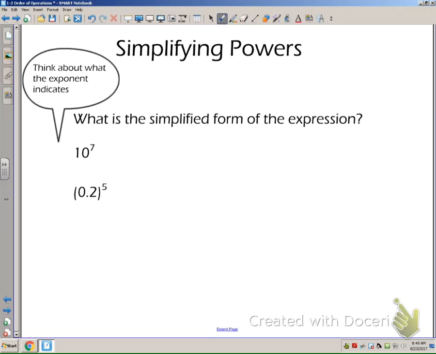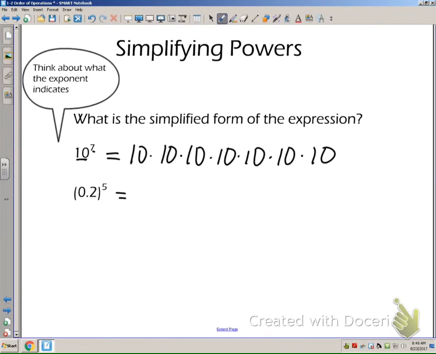Okay, so simplifying powers. What we want to do is think about what the exponent indicates. If I have 10 to the 7th power, what does that 7 indicate? That I have 10 7 times. So that's equal to 10 times 10 times 10 times 10 times 10 times 10 times 10. Let me count: 1, 2, 3, 4, 5, 6, 7. And the same thing is true even though it's a decimal.